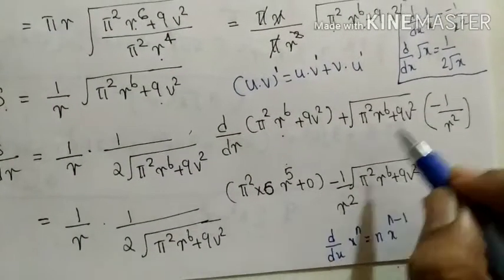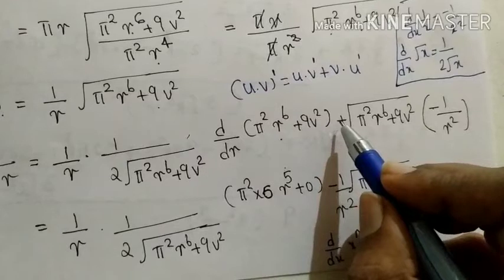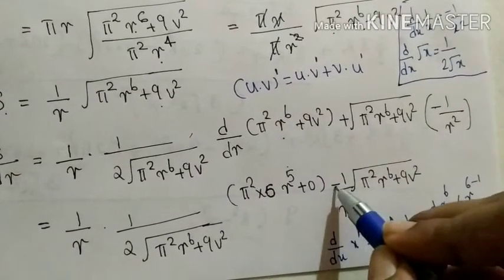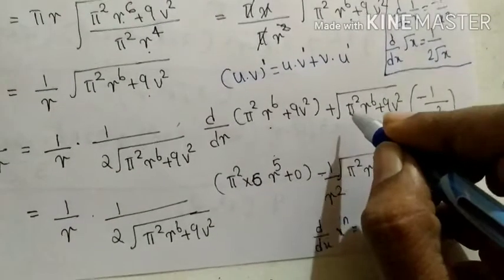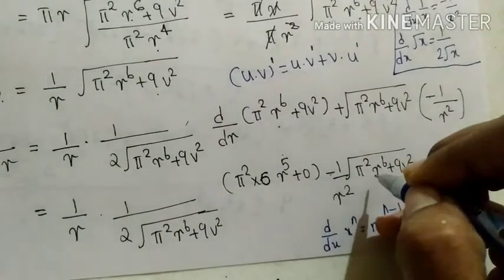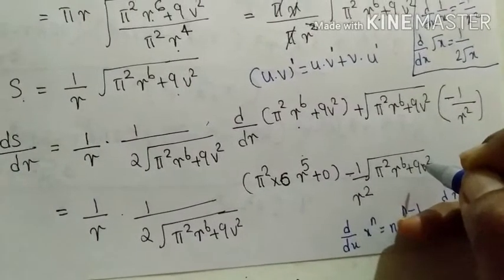Okay, and this plus into minus will become minus here, and this term changes to 1 by R square into root of pi square R raised to 6 plus 9V square.